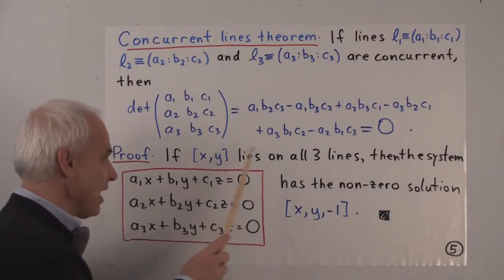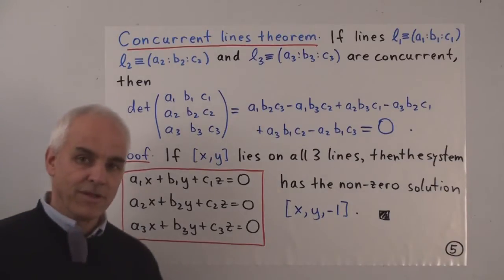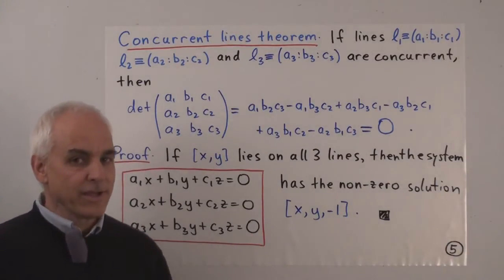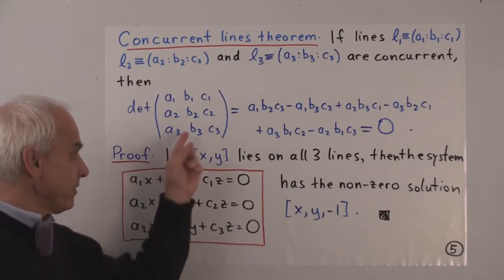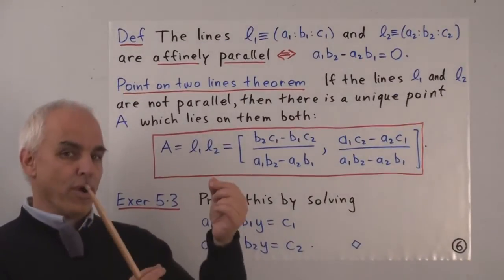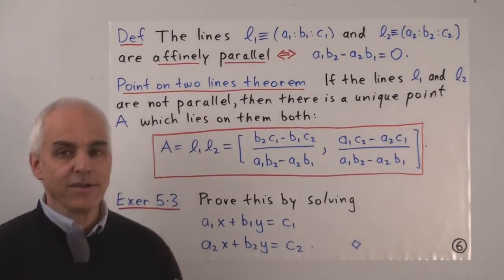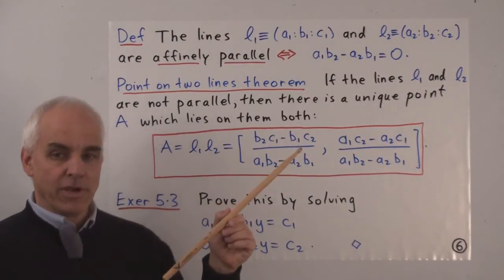So if xy lies on all three lines, then this system has a non-zero solution. And by elementary linear algebra, that means that the determinant of coefficients here has to be 0.